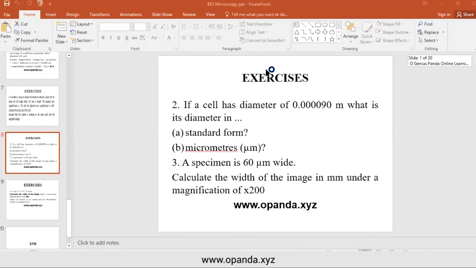Number 3, a specimen is 60 micrometers wide. Calculate the width of the image in millimeters under a magnification of times 200. Think about the working.